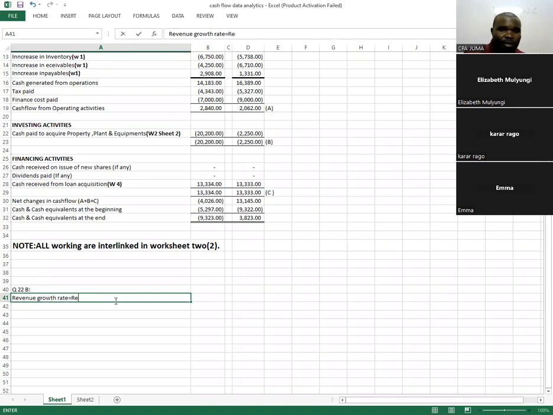From what I can remember, you take revenue for current year minus revenue for previous year.